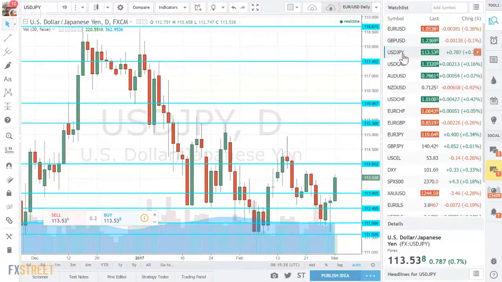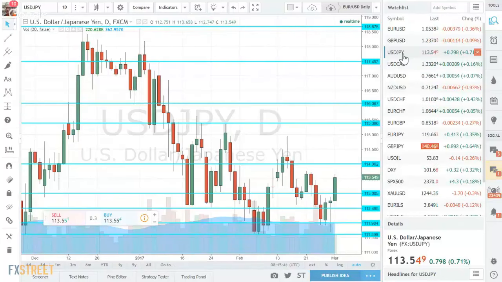Looking to the downside, we have the round number of 113, which is getting a bit weaker. 112.50 to 112 was the range that we've seen earlier in the week. It's closely followed by 111.60.